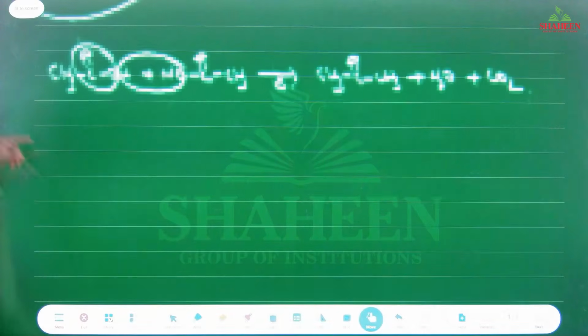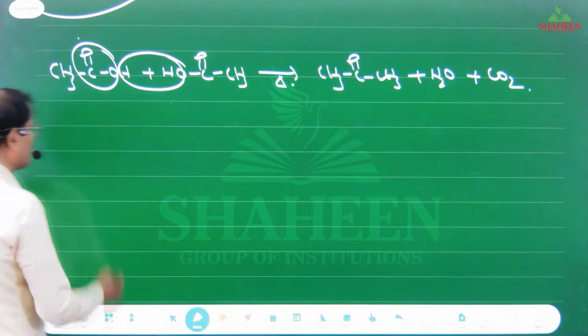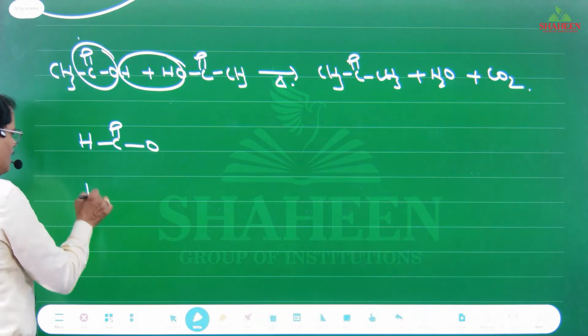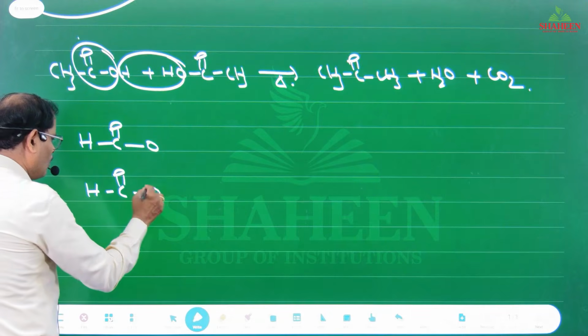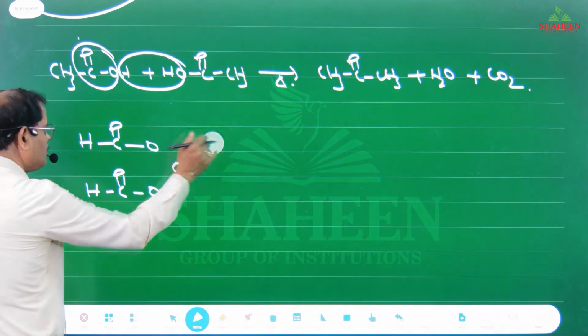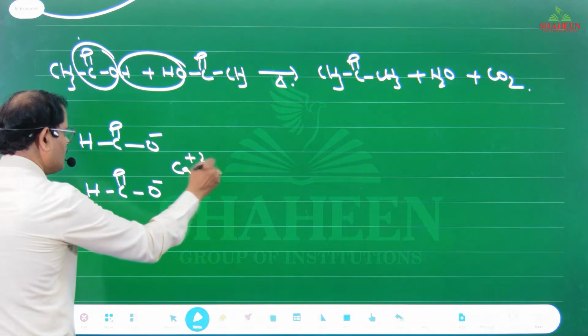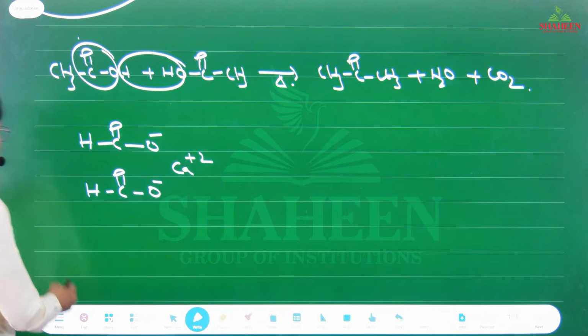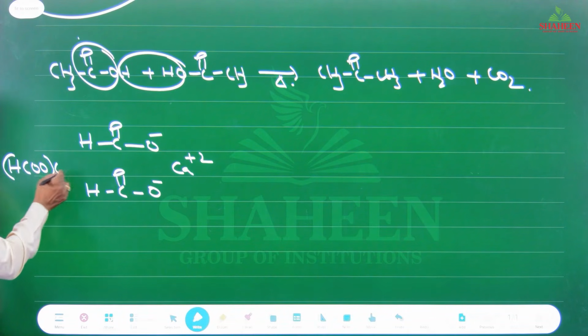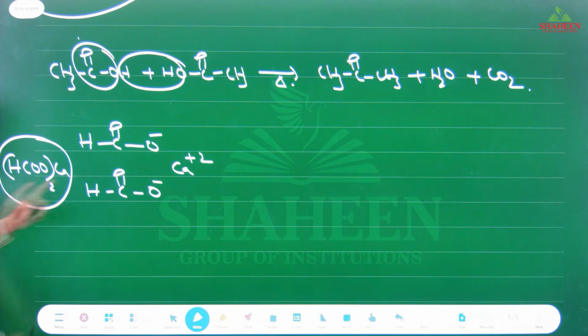Not only carboxylic acids, their calcium salts also. For example, HCOO, HCOO with Ca2+. This can also be represented as calcium formate, but for our convenience I have written it like this.